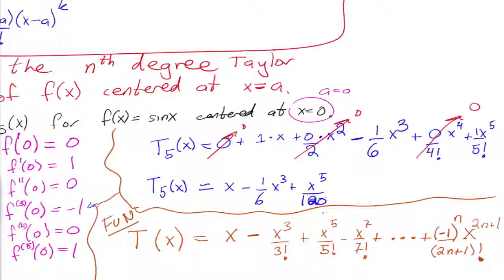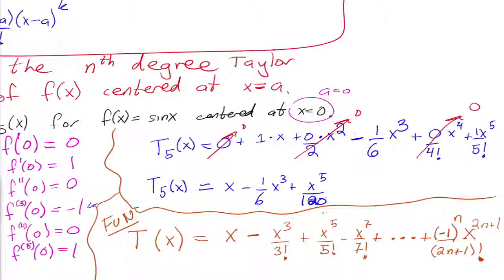When n is equal to 1, it would be -x to the third over 3 factorial, which is the second term. When n is equal to 2, it would be positive again, x to the fifth over 5 factorial. When n is equal to 3, this would be negative, x to the 2 times 3 plus 1, which is 7, over 7 factorial. So that's the general form for sine. We'll do more of those later.